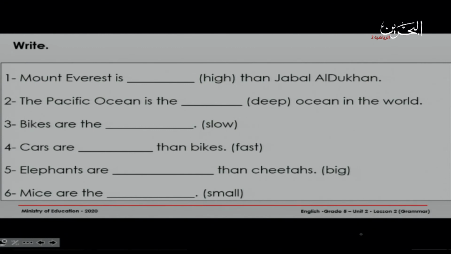And if you use superlative, you compare between more than two groups, perhaps 3 groups or more, and you add EST to the adjective. Before you write your answer, you have to pay attention to what's before the blank and change the adjective. You can write your answers on your mini board. You have 5 minutes. Start.